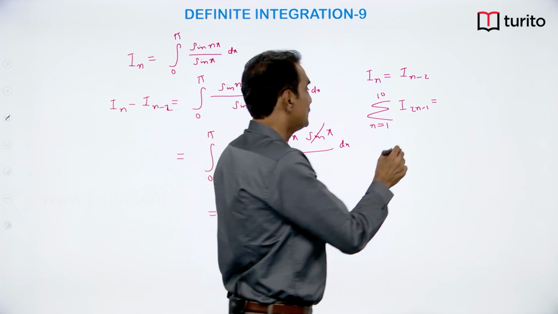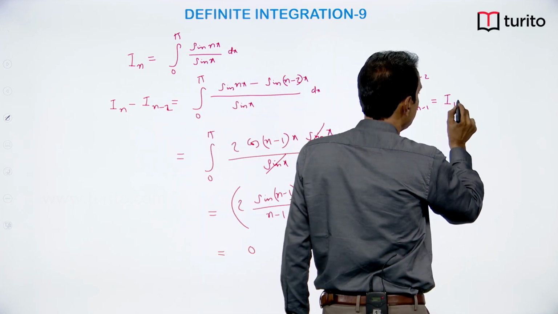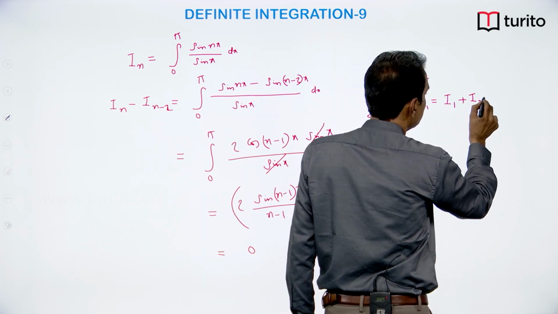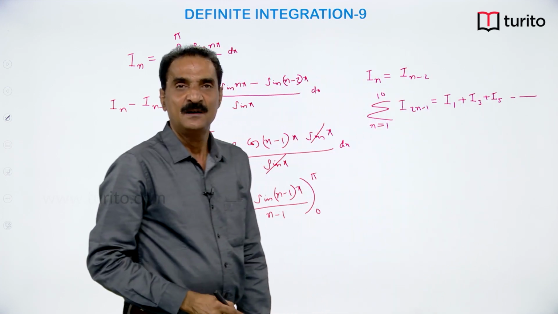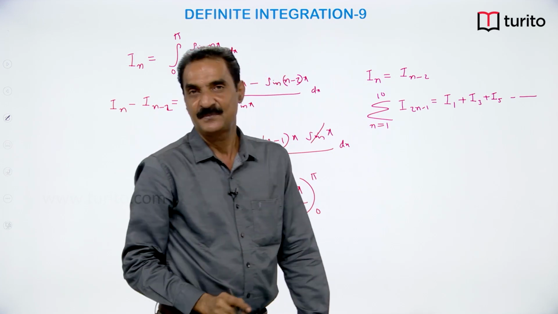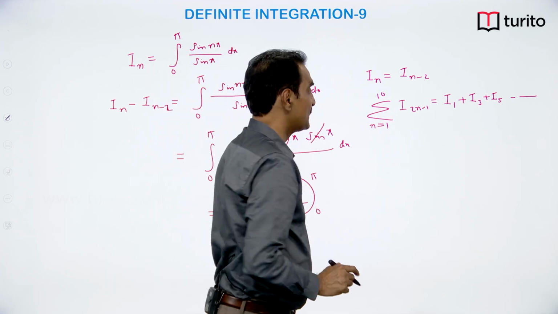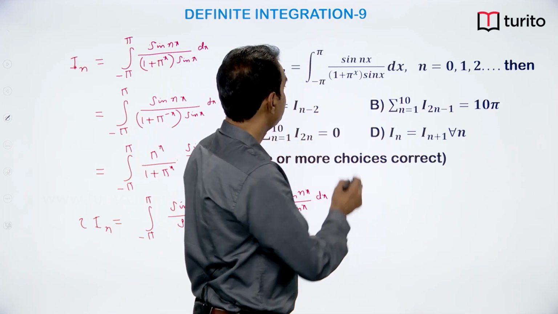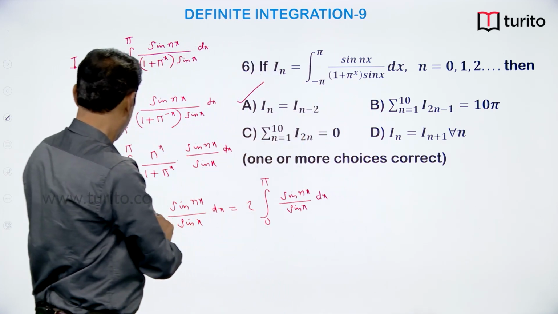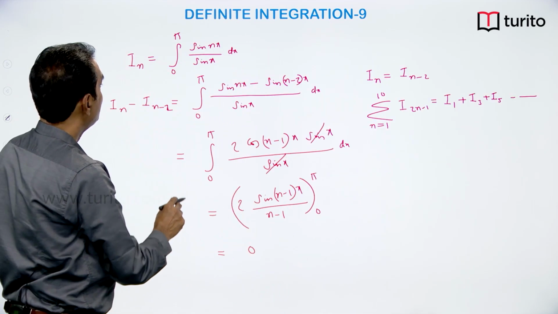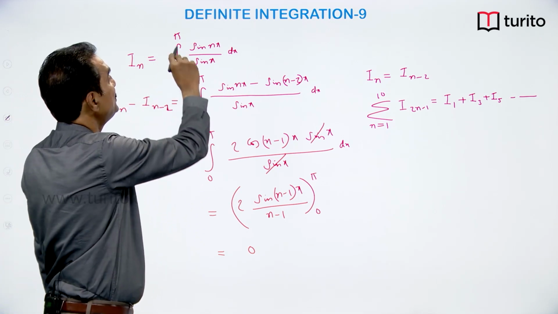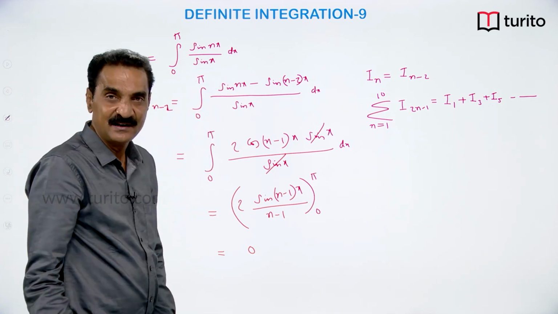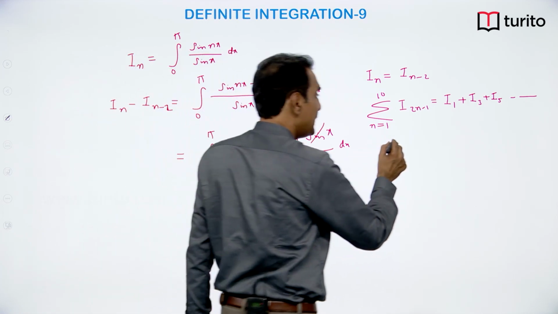This is I1 plus I3 plus I5 and so on, 10 terms. But we know that all are equal. So let us find I1. Finally, we got In as this. If you put n is equal to 1, what you will get? Integral 0 to pi 1 dx, that is pi. So I1 is pi.